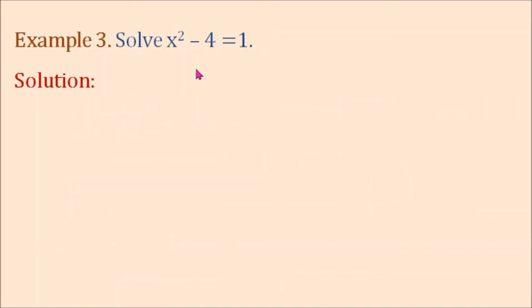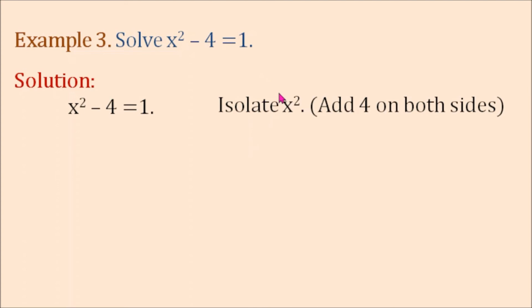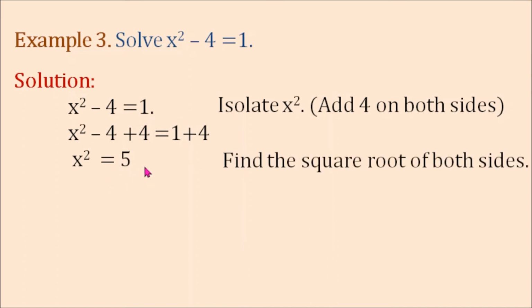Example number 3. Solve x squared minus 4 equals 1. So here we are going to isolate x squared by adding 4 on both sides of the equation. So we have x squared minus 4 plus 4 equals 1 plus 4. So after this step, we get x squared equals 5. Now we find the square root of both sides.